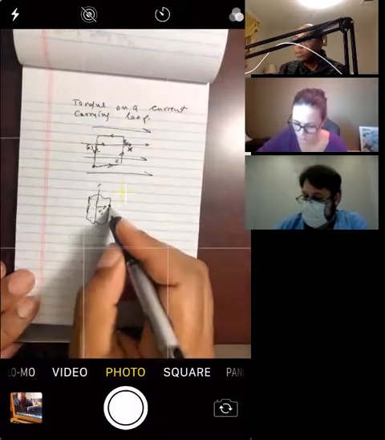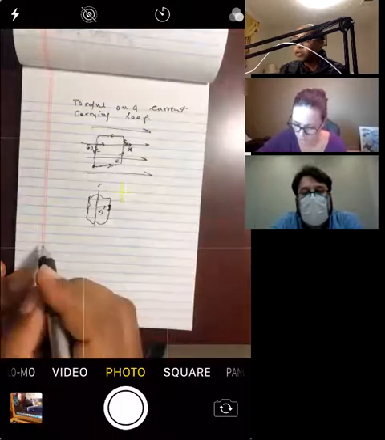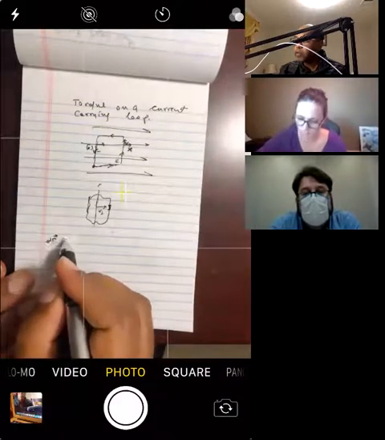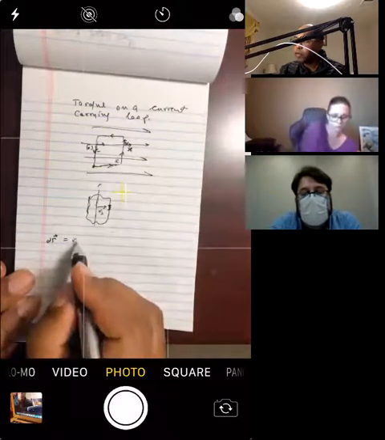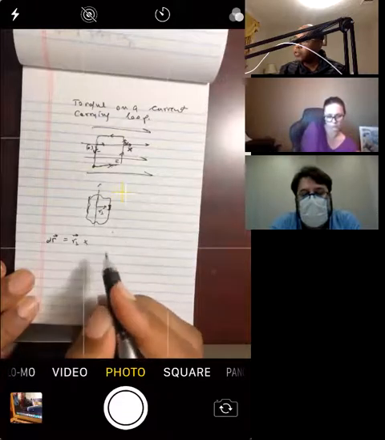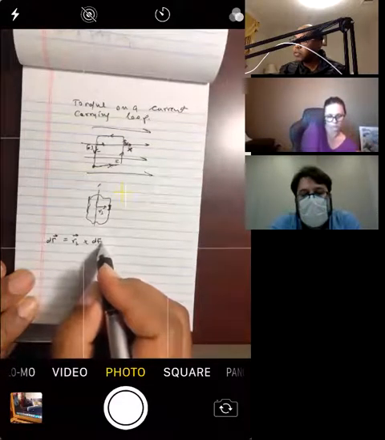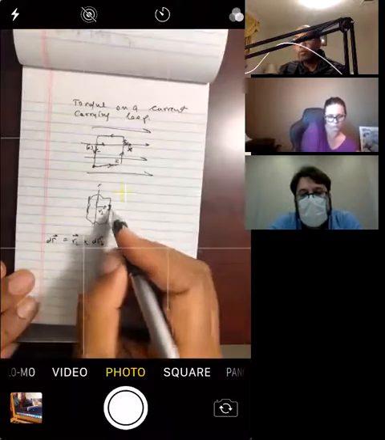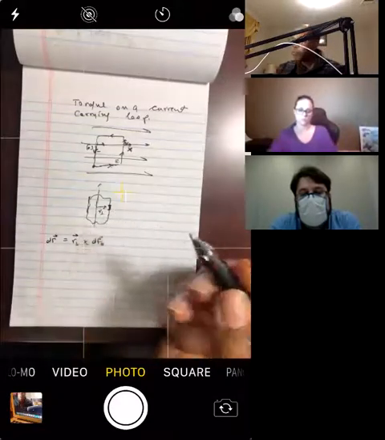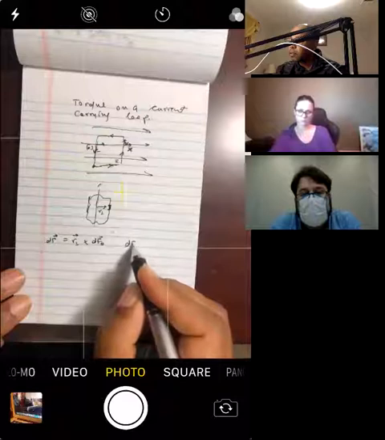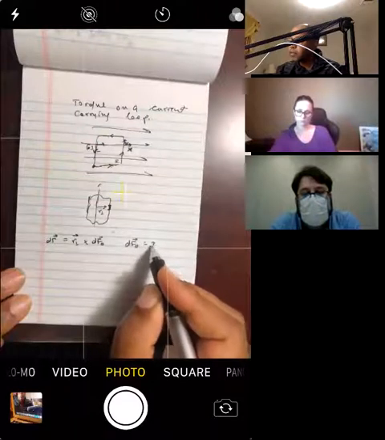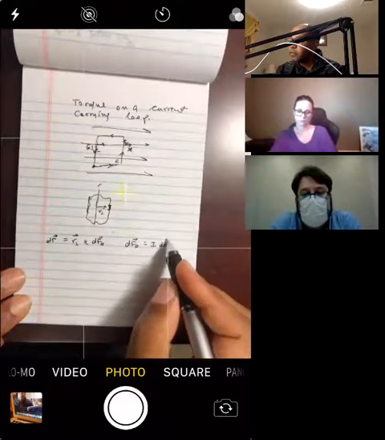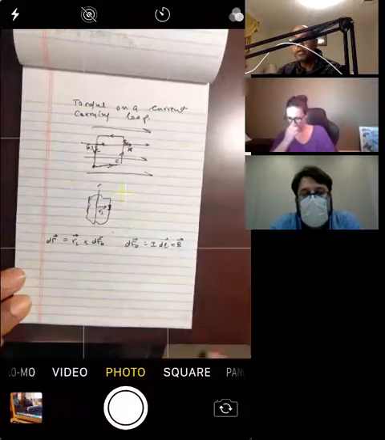So let's calculate an expression for the torque for this element. Let's call it d tau. That's going to be the position vector, our perpendicular, crossed with the force acting on this small wire element. And what's dF_B? dF_B is current times dL crossed with B, right?